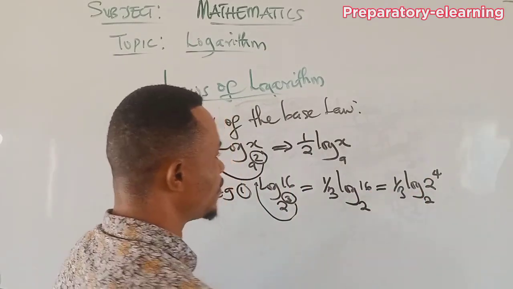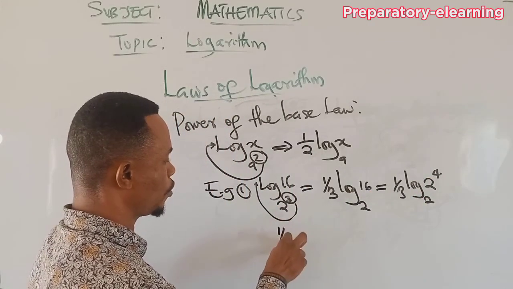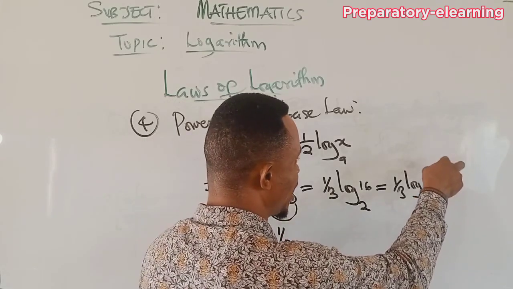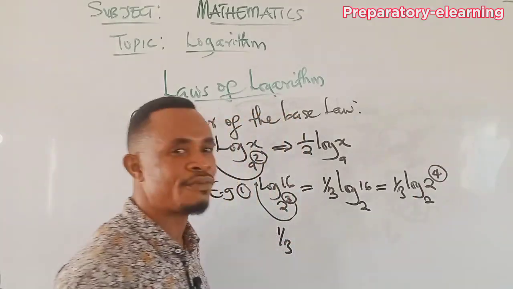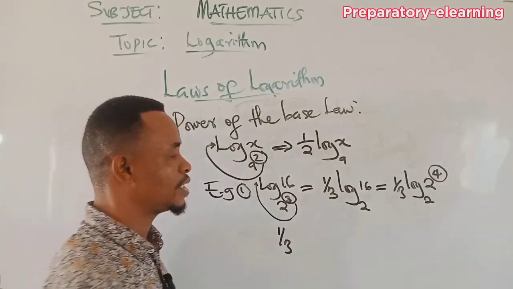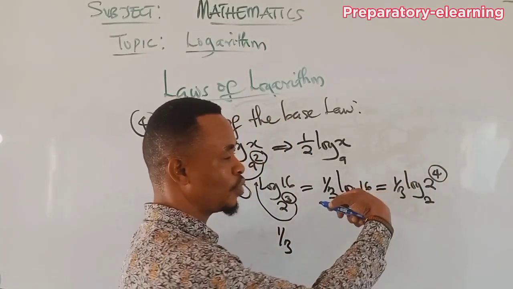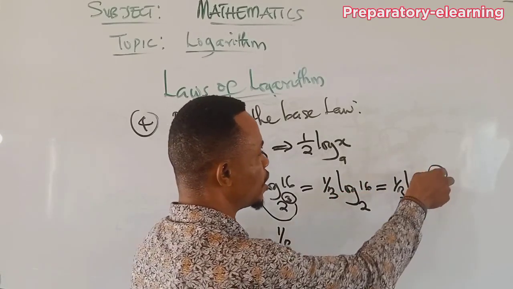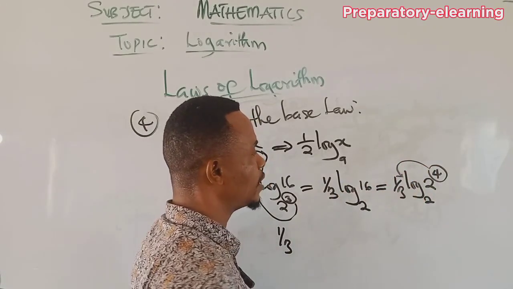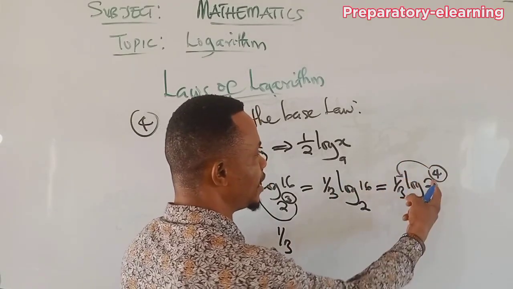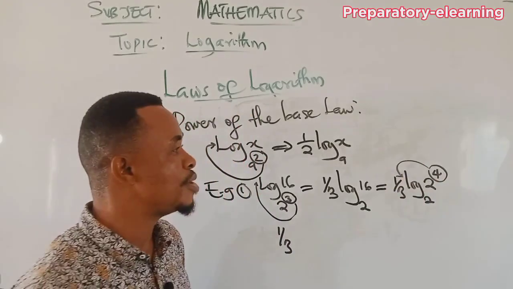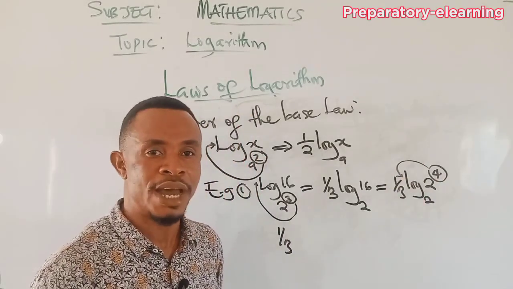Now, to simplify that, we now have 1 over 3. Take note, this is now another power, which we have to take out from that place. This is the other law that we had already looked at. You move it out from here to come behind the log. And as it is coming to meet 1 over 3, that means it is coming to multiply 1 over 3 behind the log.